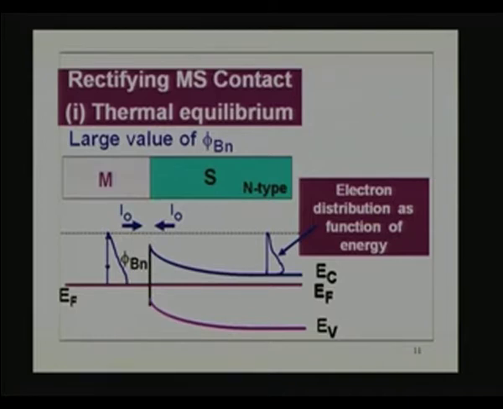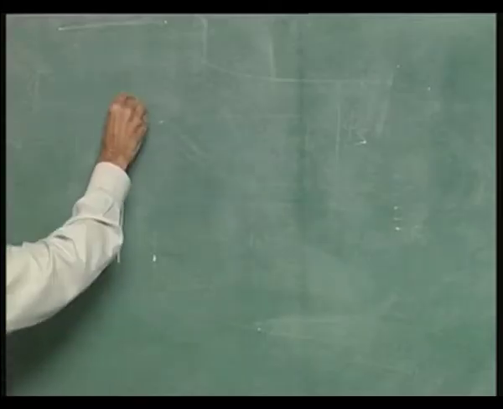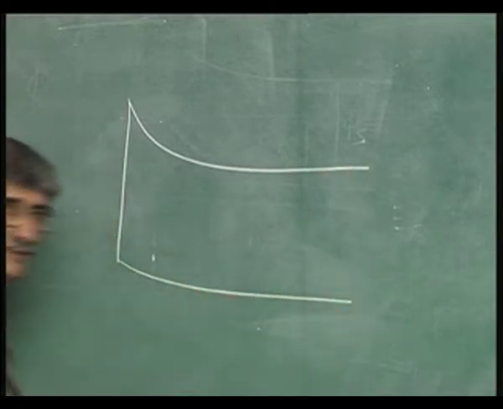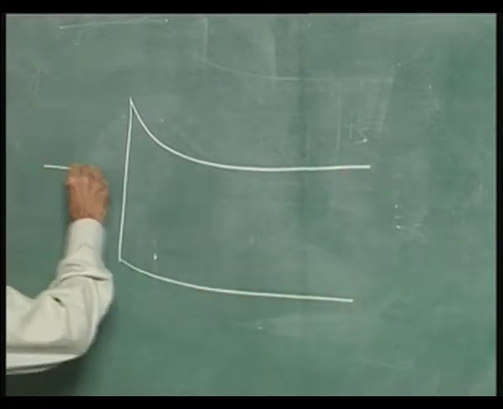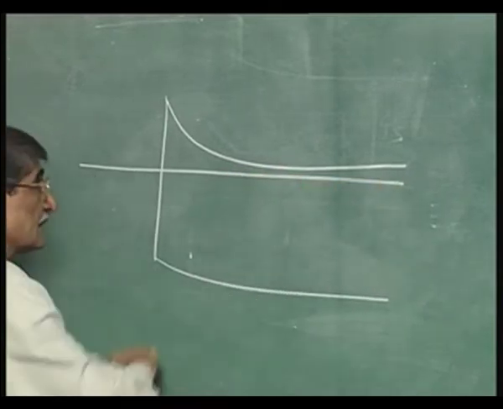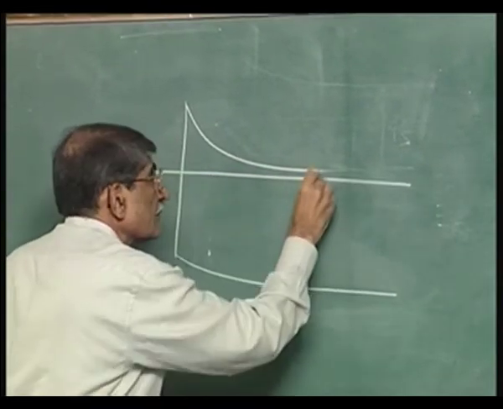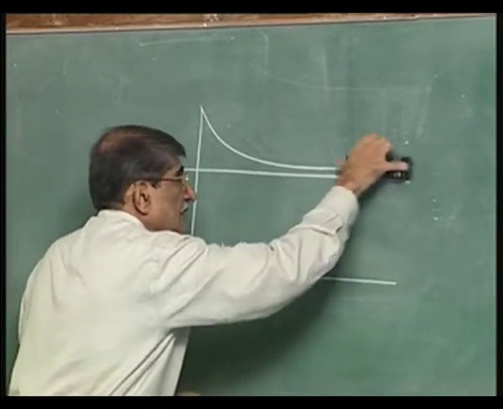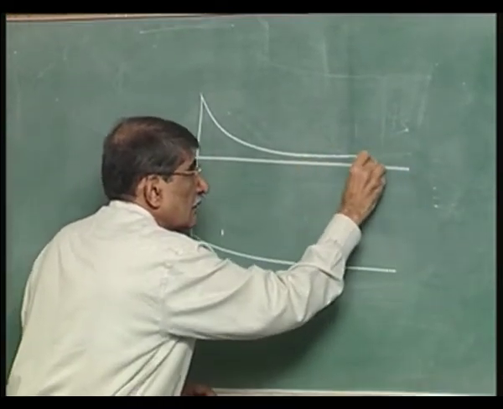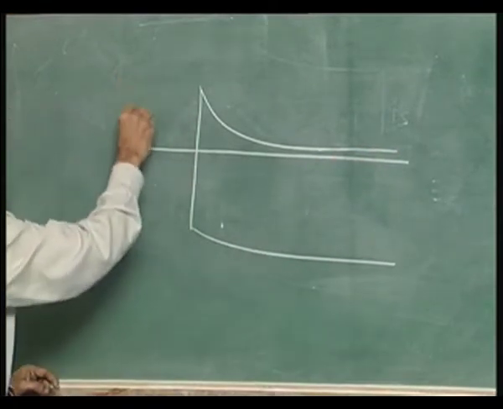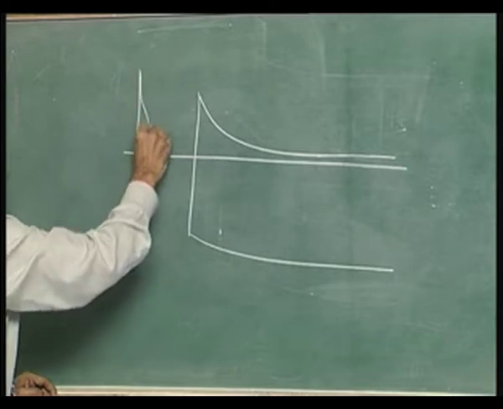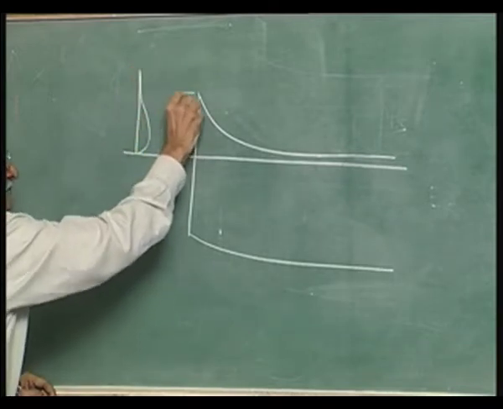What we have drawn is this simple diagram, with the Fermi level here like this, which is of course parallel to that. Now, what I have drawn is this distribution. This is phi_bn.